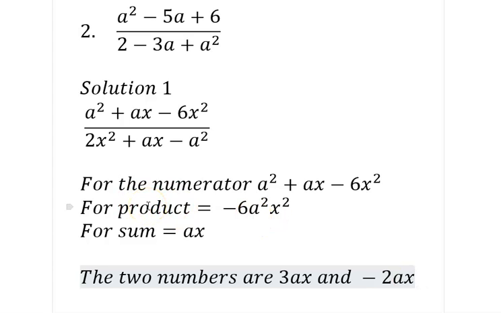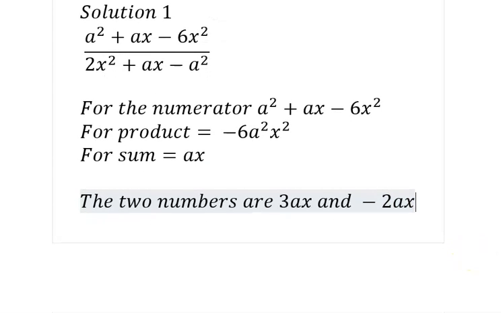So let's test it for sum. Sum means you will add these two numbers. Let's add 3ax minus 2ax. It's just like saying 3 minus 2, it will give you 1. Then the ax is there, so we have 1ax. There's no need of writing the 1, so we have ax. That means these two numbers actually worked for us.